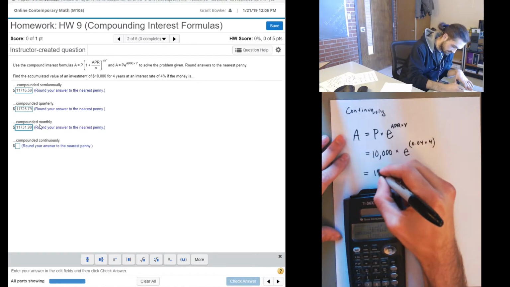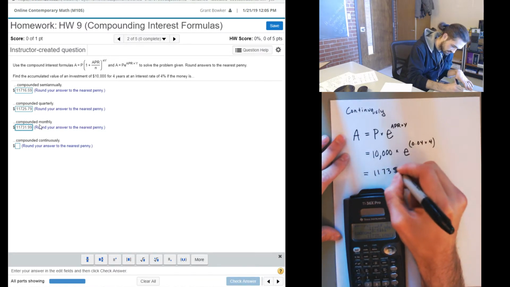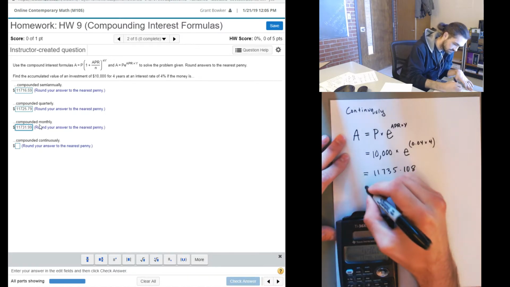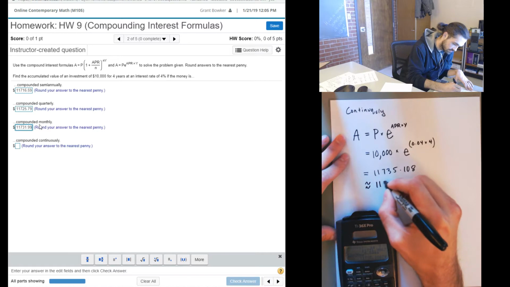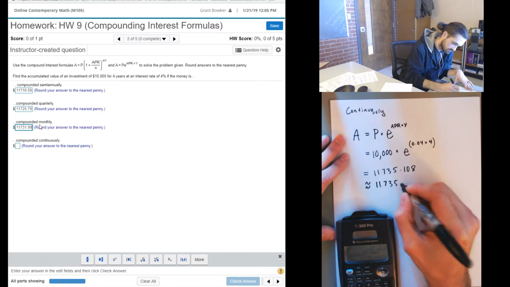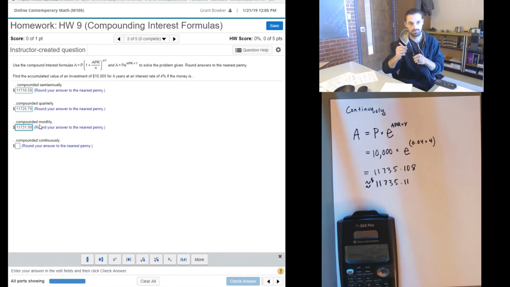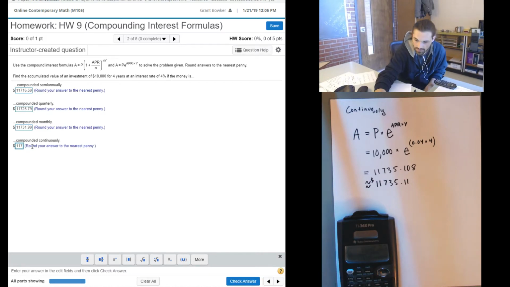And we get 11,735.108, which is enough to round up. So we get 11,735.11.